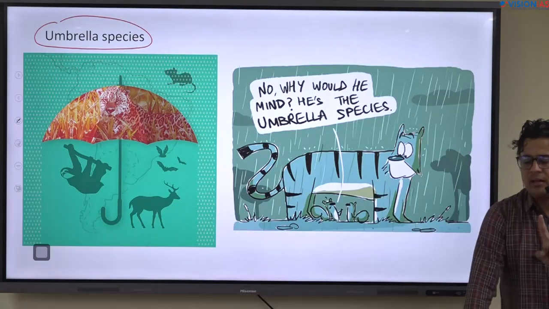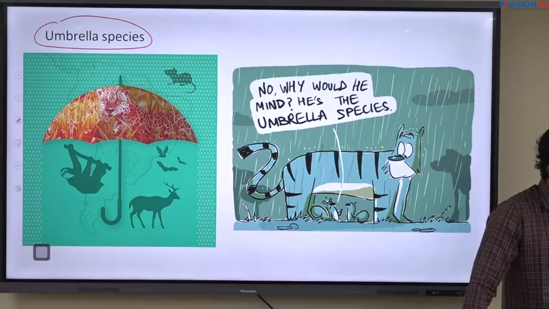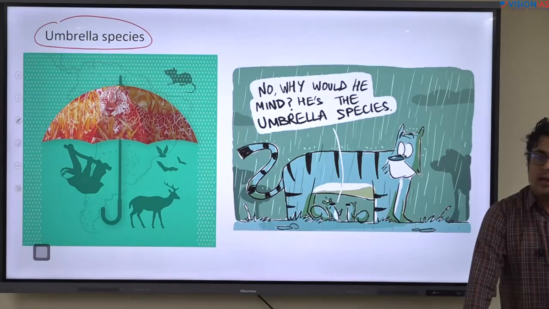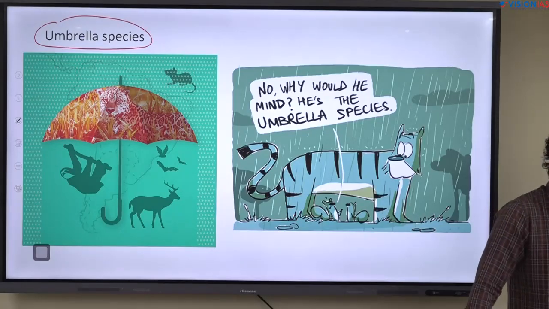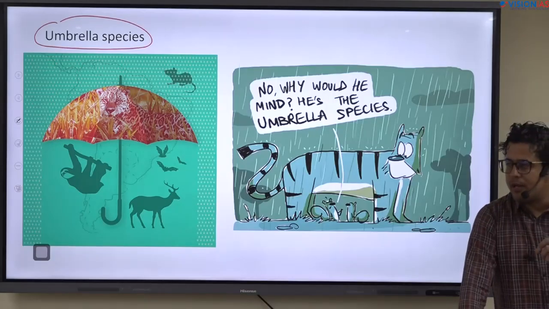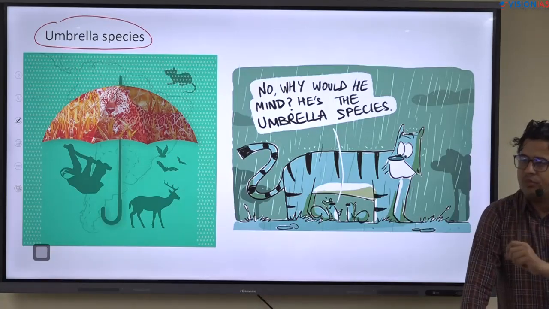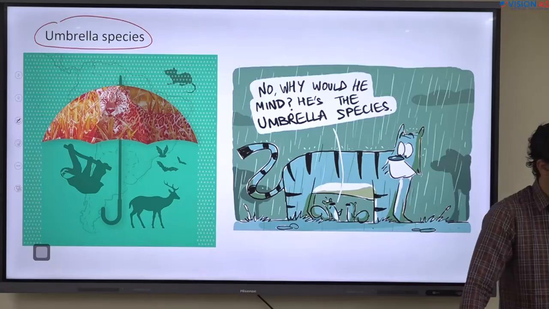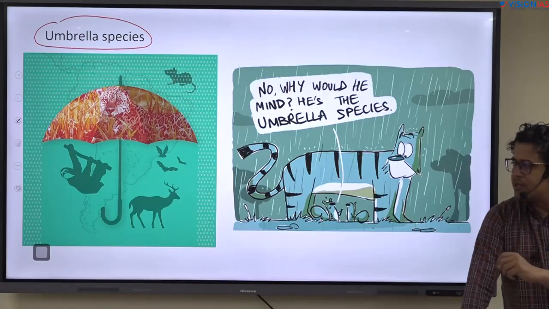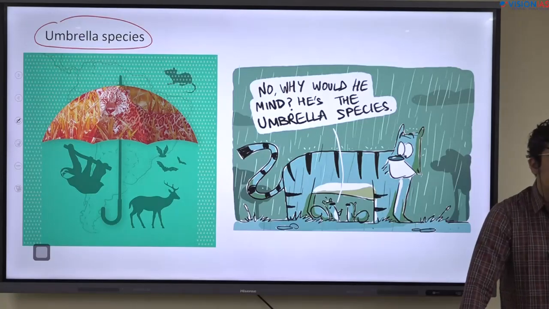Second, they live in a large area, they need a large area to survive. And third, which is most important, if you protect umbrella species, there would be a positive effect on nature. Other species will get benefit. So if you protect umbrella species, nature will get benefit from it.